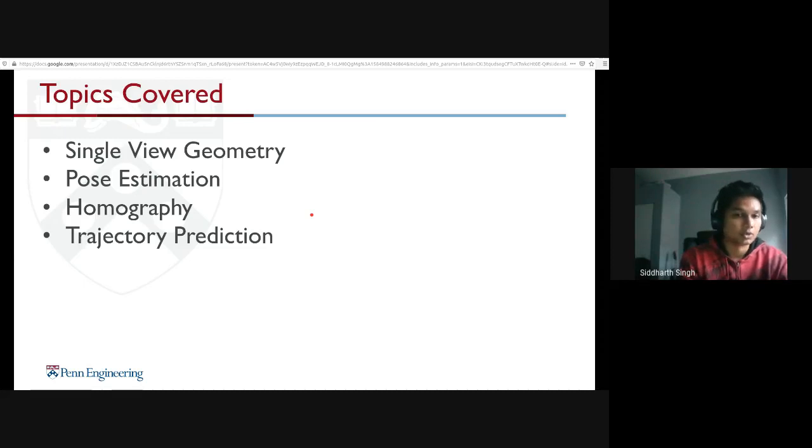We'll cover single view geometry, pose estimation, what homography is and how it is used for pose estimation, and finally how to perform trajectory prediction. The last part is not deep learning, just to put it out there right now, but we have a solution that works in our situation, which we'll be looking at to give you a feel of what it does.